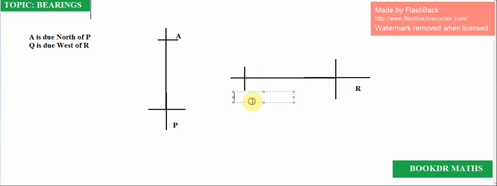Call it Q. If it was due south, I would have extended this portion. If it were due east or west, I would have extended the corresponding portion. So take note of this term as the lesson progresses.